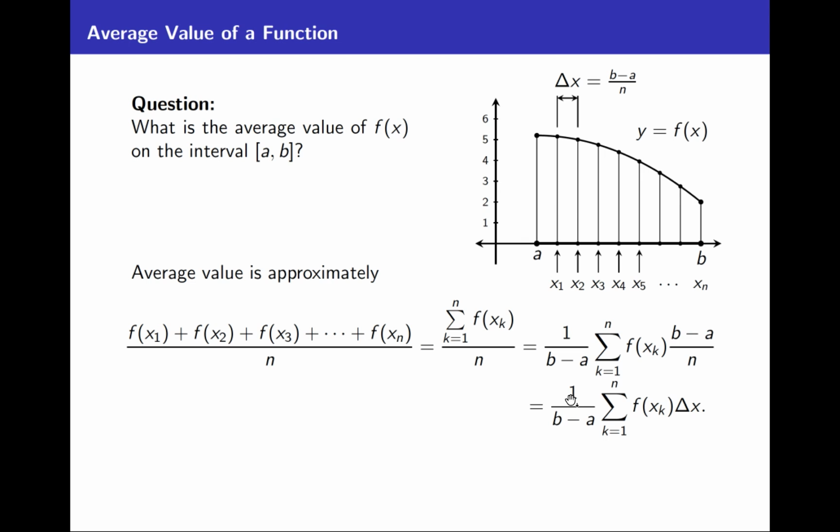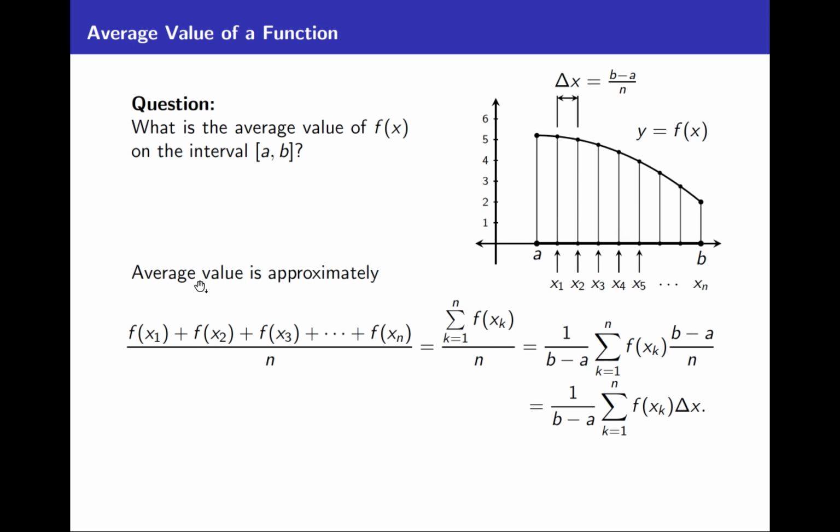It's equal to 1 over b minus a times the sum from k equals 1 to n of f of x sub k times delta x. And this is interesting because if you look at the sum here, forget about this fraction 1 over b minus a, but just look at that sum. That's a Riemann sum. It's part of the definition of a definite integral. So average value is, in some sense, mimicking the structure of a definite integral.